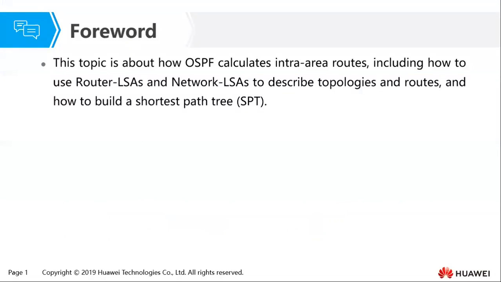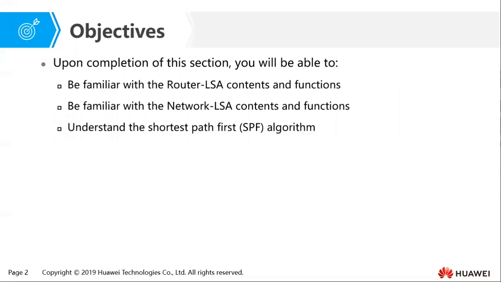So this topic is about how OSPF calculates intra-area routes, including how to use Router-LSAs and Network-LSAs to describe topologies and routes, and how to build the shortest path tree.